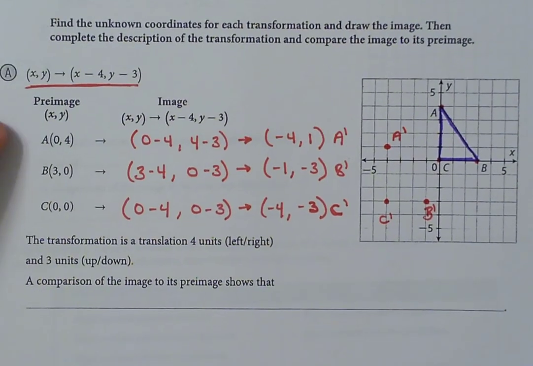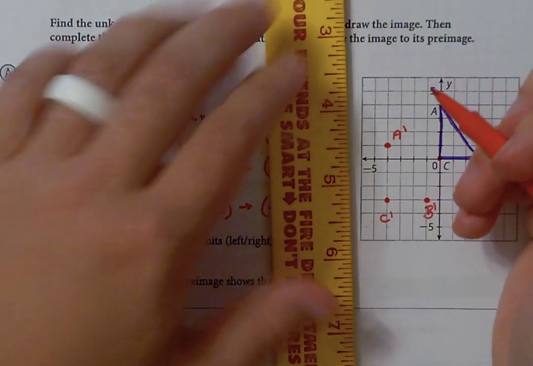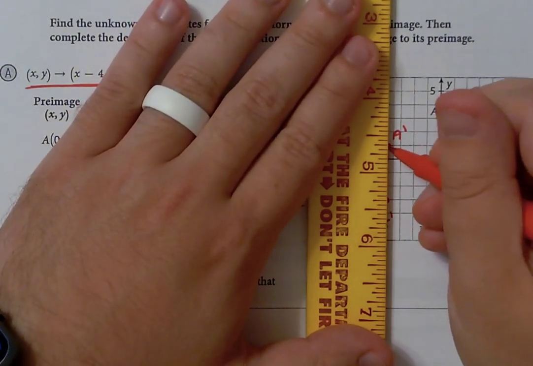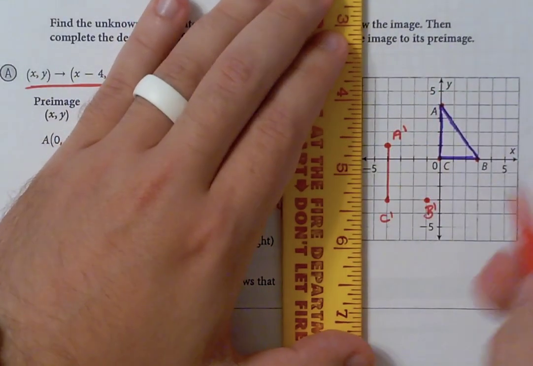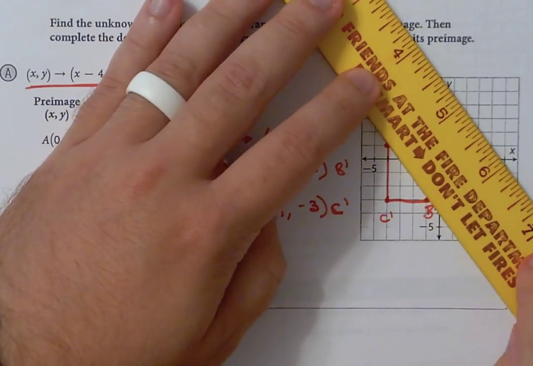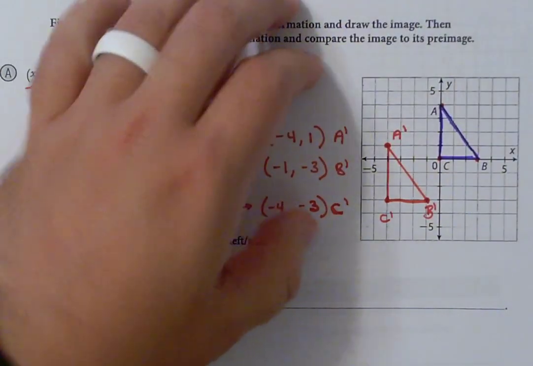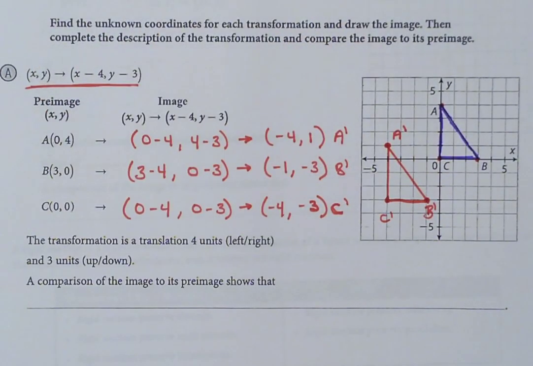So I now have my points for A prime, B prime, and C prime. We just have to connect our dots to get our image. And our image now looks like that.